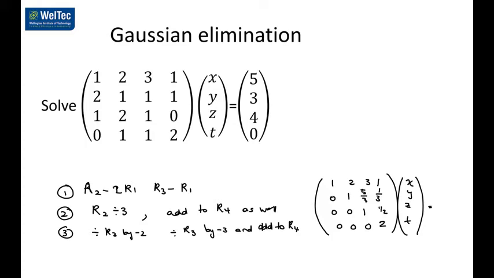Now what should that equal? That should equal 5, 7/3, 1/2, -2. And then you can work back. Actually, there's a fourth step there. You should have, of course, divided R4 by 2. So then that should be 1, and that should be -1.